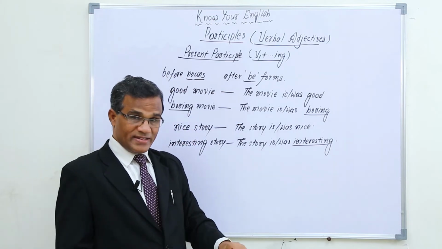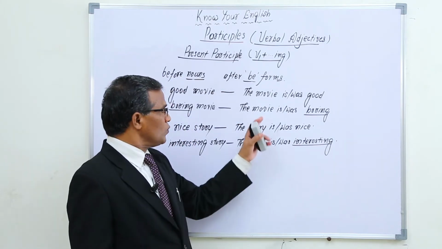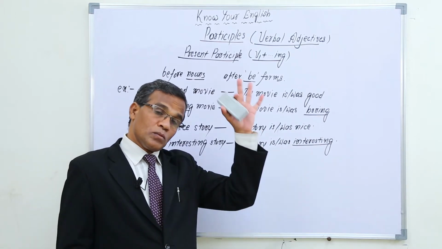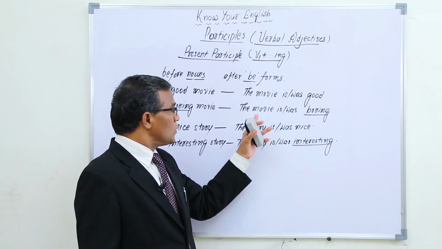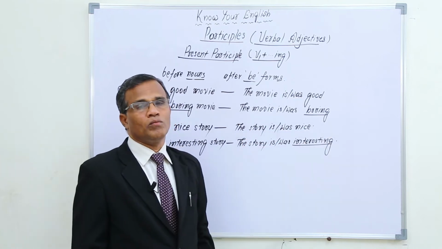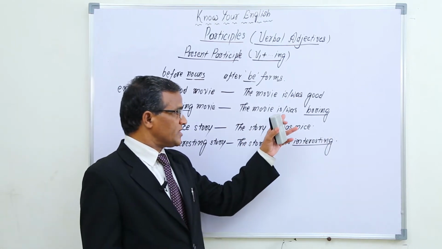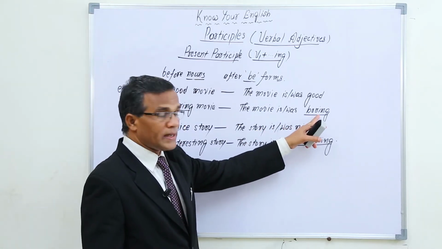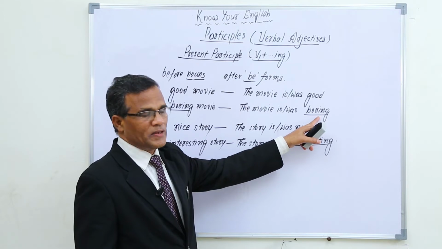If we talk about a present movie, then we can say the movie is boring. When you are talking about the movie you saw once, you can say the movie was boring. So according to the tense, we can use the be form like that. So after be forms, we are able to use even the present participle.